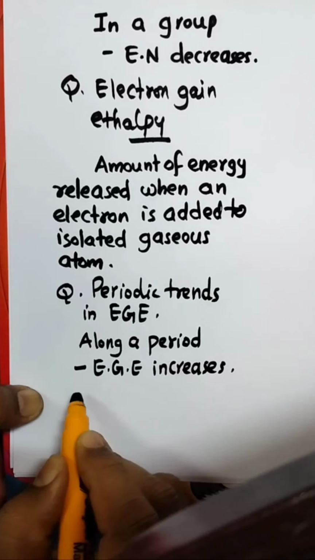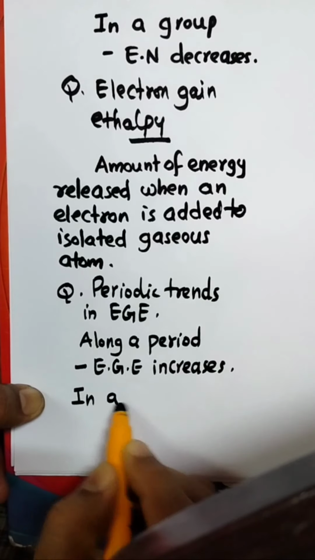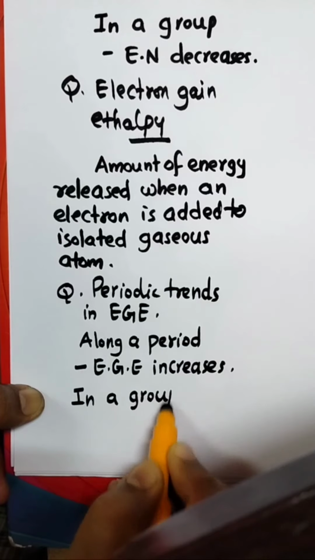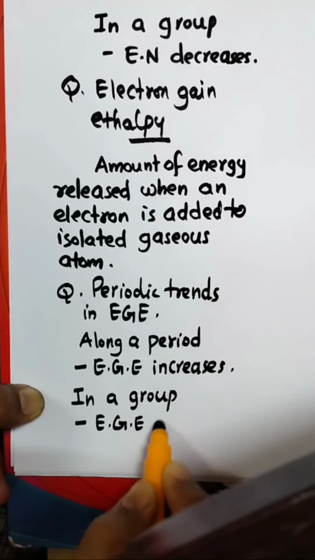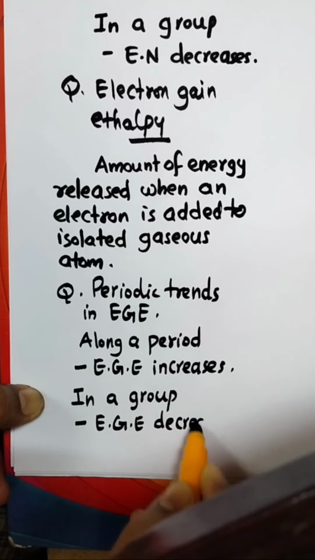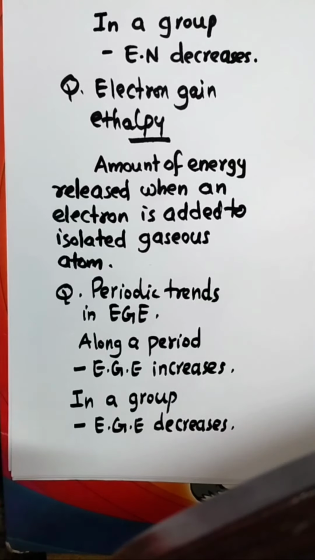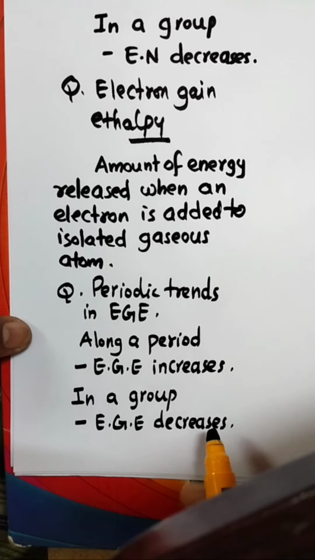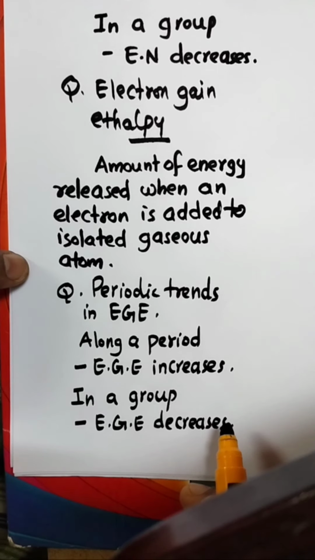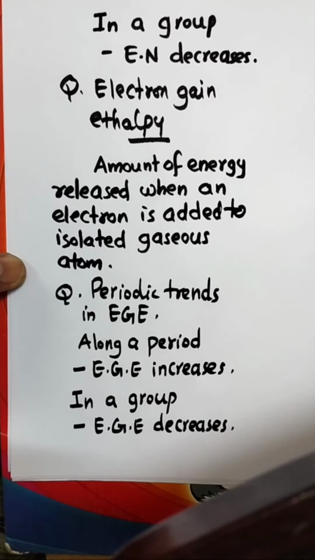In a group from top to bottom, electron gain enthalpy decreases. These are the periodic trends of electron gain enthalpy.